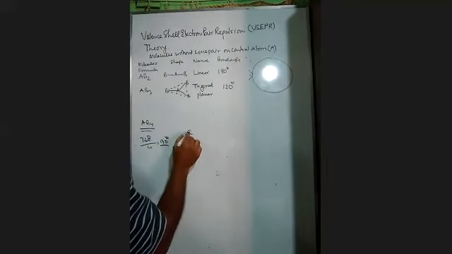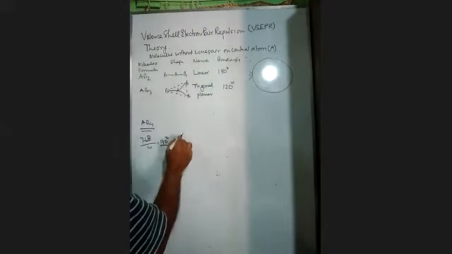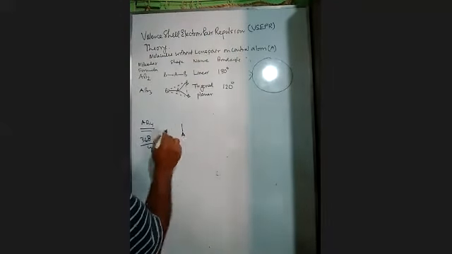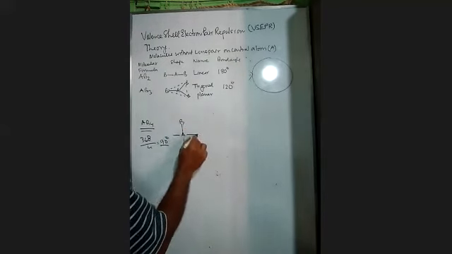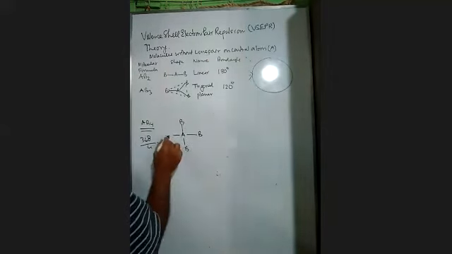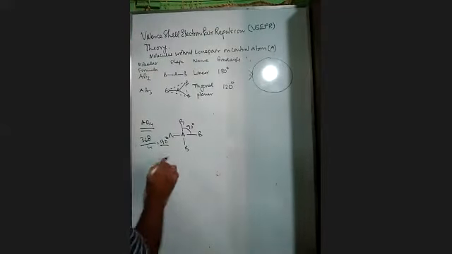The structure should be A with B, B, B, B around it. What is the bond angle here? 90. See, it is getting closer. Once it's getting closer, at 90 and below, repulsion starts. So this is two-dimensional.